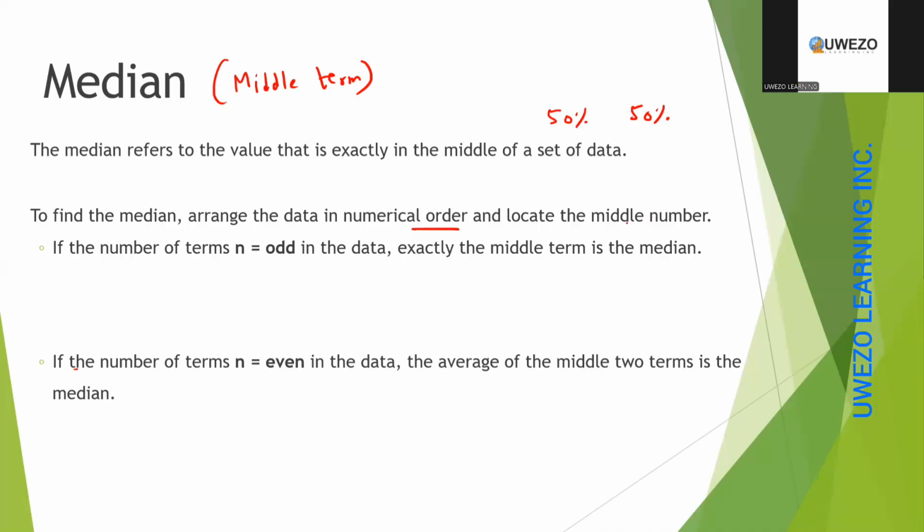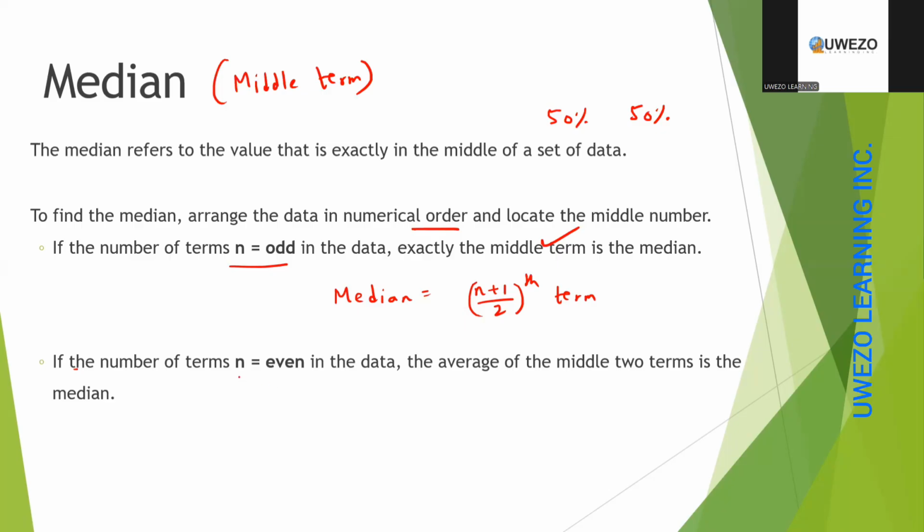Here we have two cases. When n is odd, the median is exactly the middle term. To calculate it, we can apply the formula: the (n plus 1) by 2th term in the order.